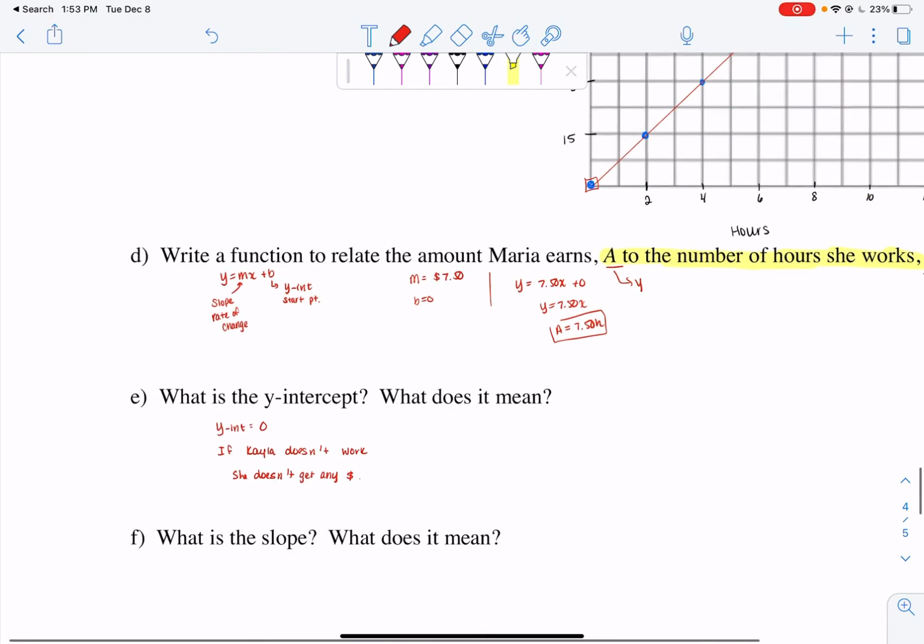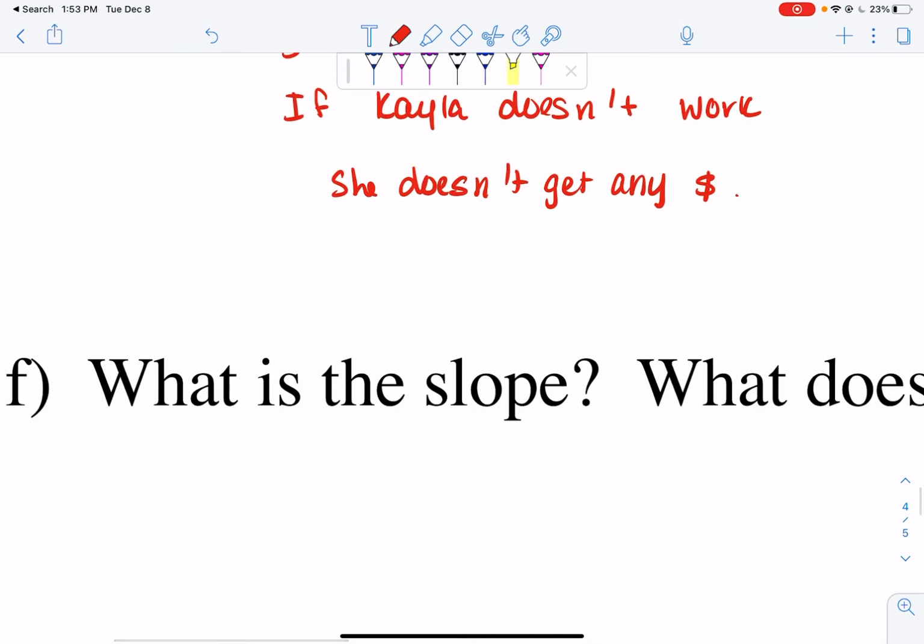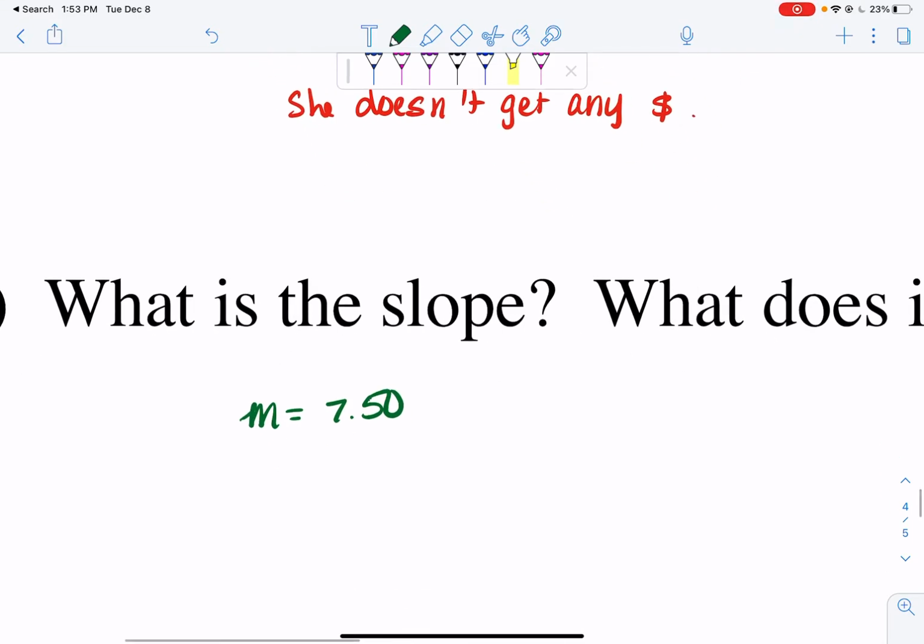So for 0 hours worked, she's going to make $0. Our slope, we said before, was 7.50. The slope is her rate, or the amount of money she's charging per hour.